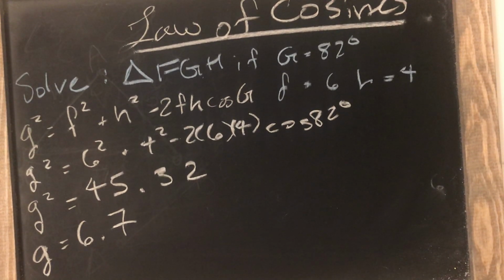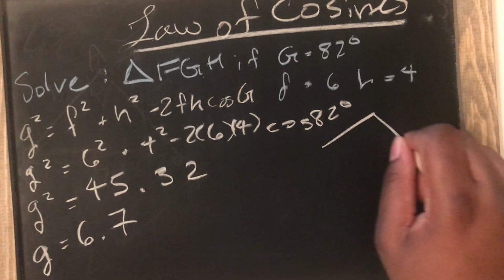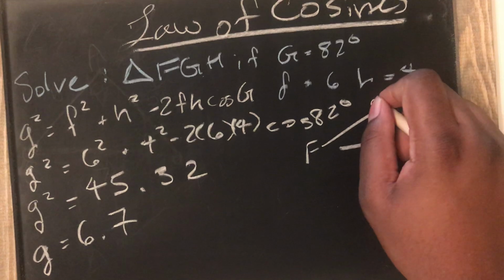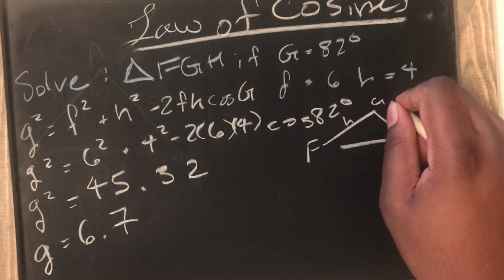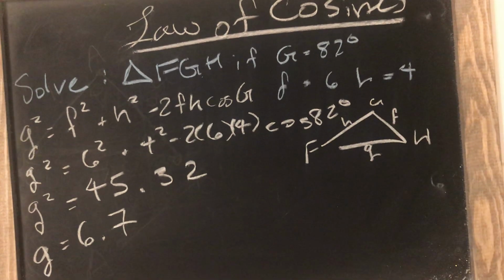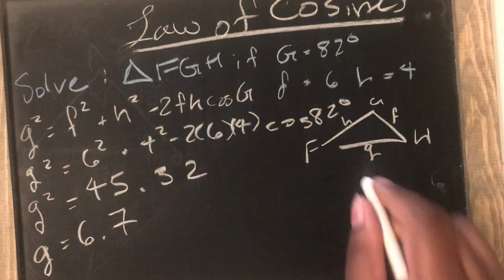The beautiful thing is, it's set up. We've got F, G, H here, and this is, of course, little h over here, little f, little g. To find the other angles, we can use the law of sines.